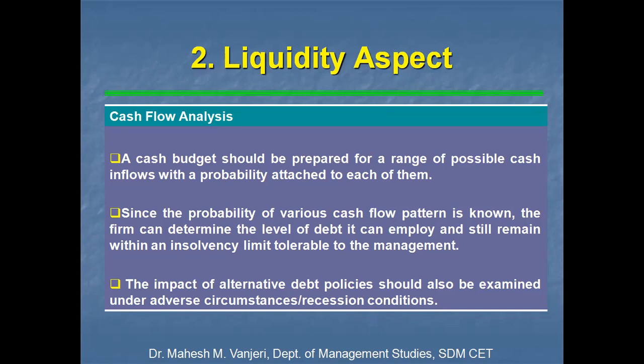Let us consider 2017-18, 18-19, 19-20: there is no problem. But in 2021 and 21-22, the market has gone into deep recession. There is a crisis. But in theory, we don't consider those adverse effects. So what it says is that the impact of alternative debt policy should also be examined under adverse circumstances like recession. This is a precaution, that's it.